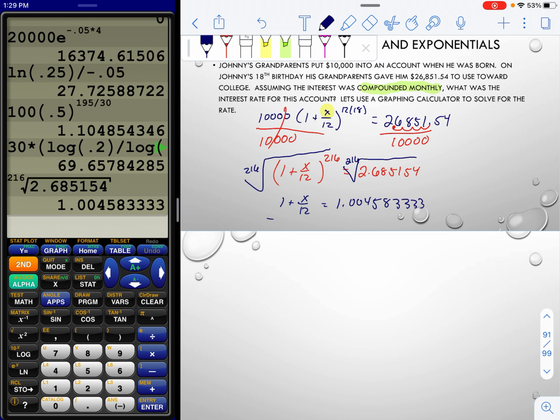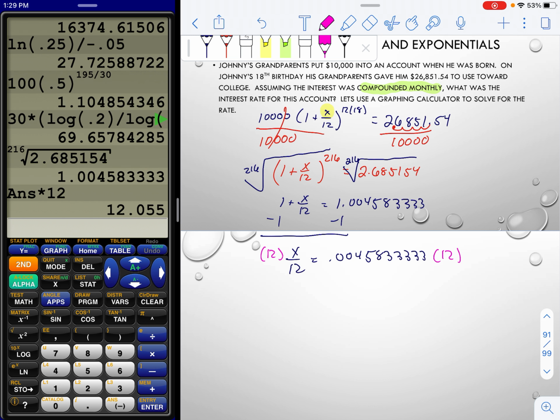Continuing to solve for this x, we subtract 1 from that. Okay. And then last step, we multiply by 12 to undo divide by 12. So we take that answer, multiply it by 12, and we get a rate of 12. Oops, I forgot to subtract 1.